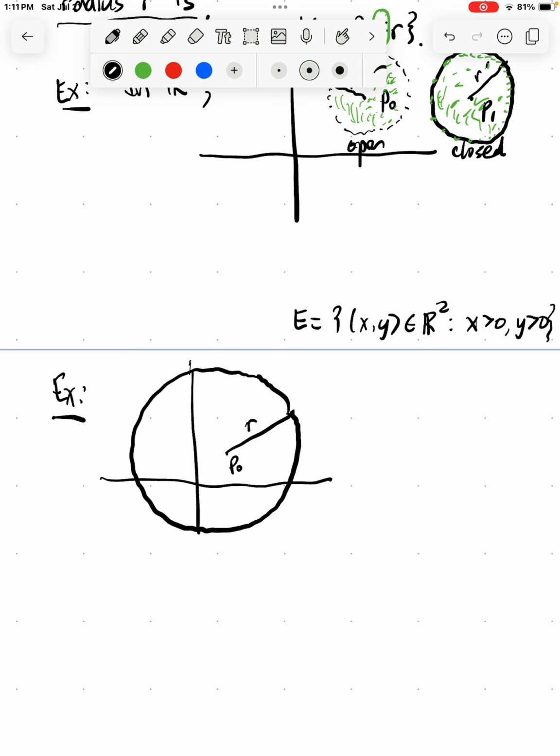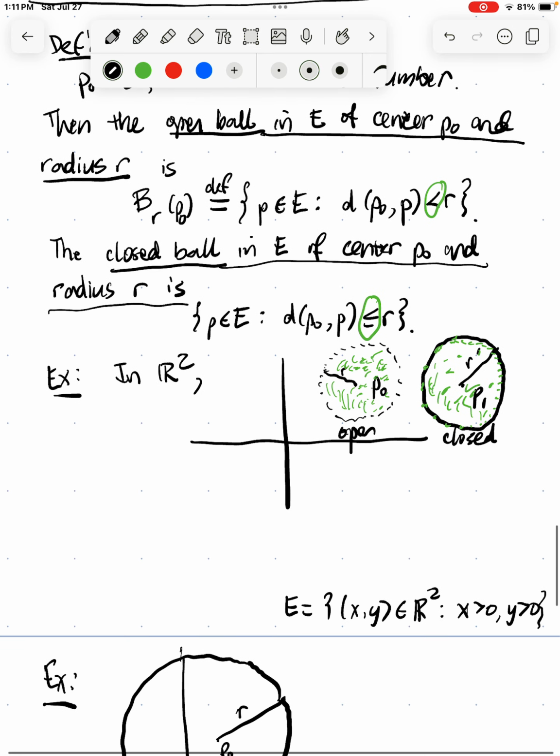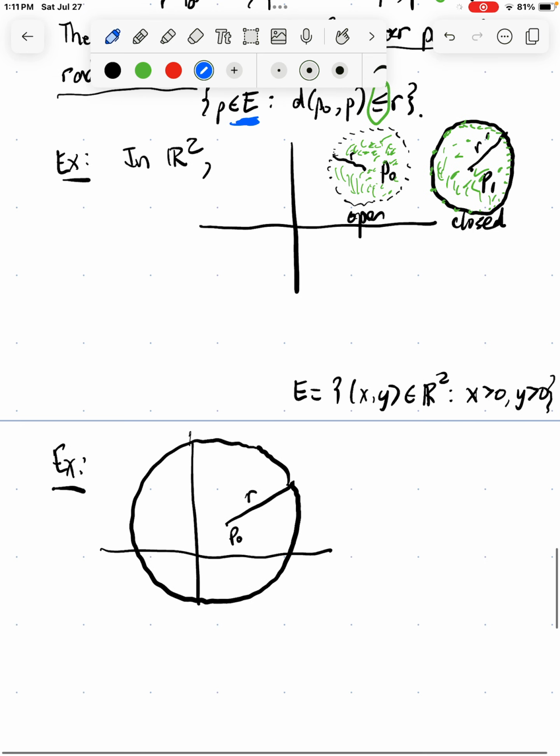However, if you look at the definition of a closed ball, it's all elements in E, in the metric space, such that the distance is less than or equal to R. So if E is only in this first quadrant, then you're looking at all the points in the first quadrant whose distance from P naught is less than or equal to R. So that would be this.